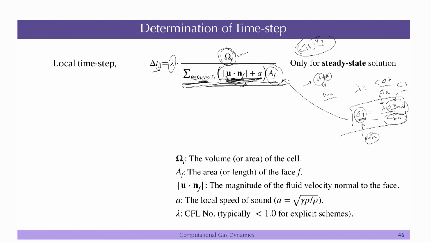This is good for steady state solutions, because in steady state all you care about is how fast you get solution convergence. So, you can start from, let us say, a mass residual of 1 or something like that, and it goes to, let us say, 10 to the power minus 5, and then you say it is converged. Similarly, you can have x momentum, y momentum, and energy.